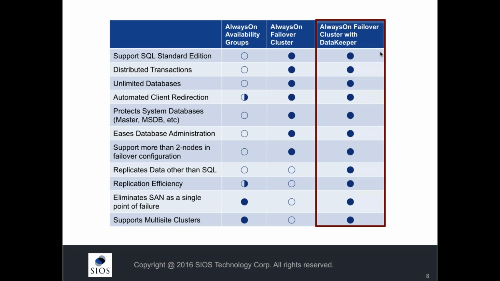If you're familiar with availability groups, you're probably aware of some of those limitations here. But wanted to call that out. And with a failover cluster instance, again with DataKeeper, it's really the best of both worlds. You have the shared nothing aspect of availability groups, but you have full instance level HA and failover that you would with a traditional failover cluster instance. But again, without the shared disk, meaning in VMware you don't need to configure raw device mapping and lose a lot of VMware features here.